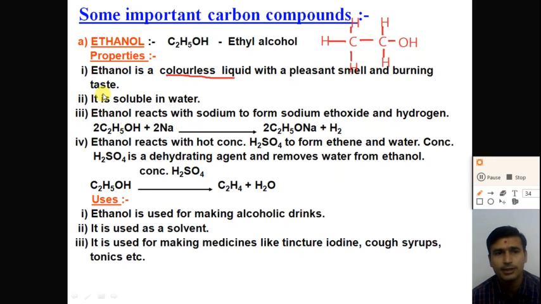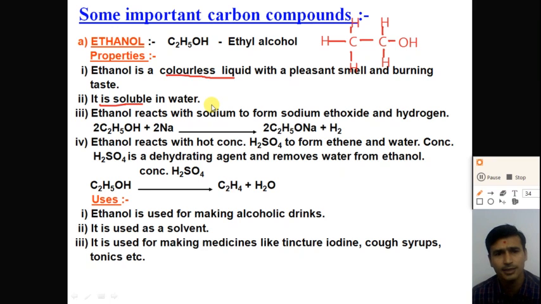Ethyl alcohol, ethanol, is soluble in water. So when we add ethyl alcohol or ethanol to water, it is soluble in water, right? So these two are the important properties of ethanol. First, ethanol is a colorless liquid with a pleasant smell. Second, ethanol is soluble in water, right?